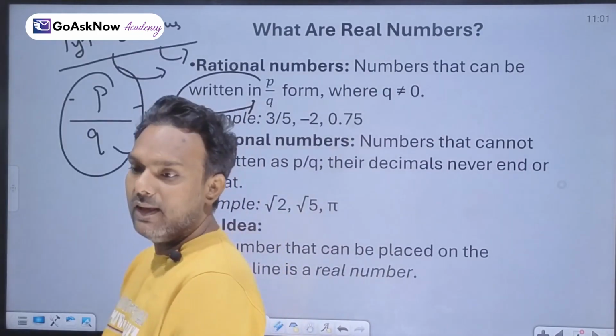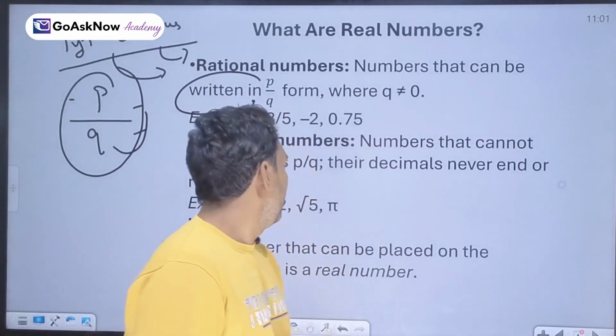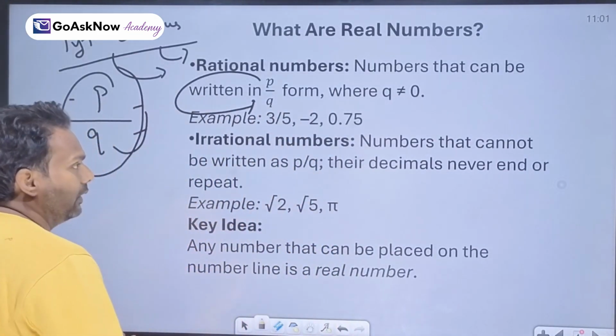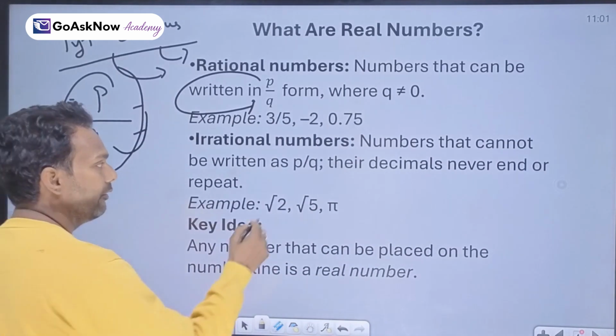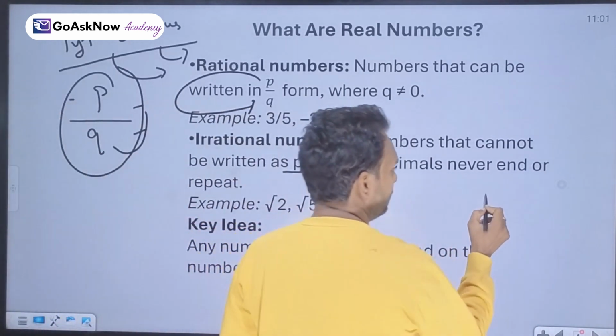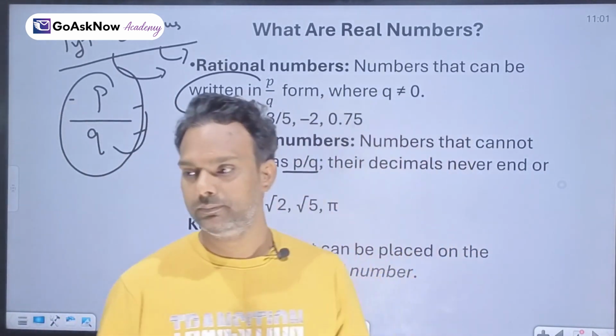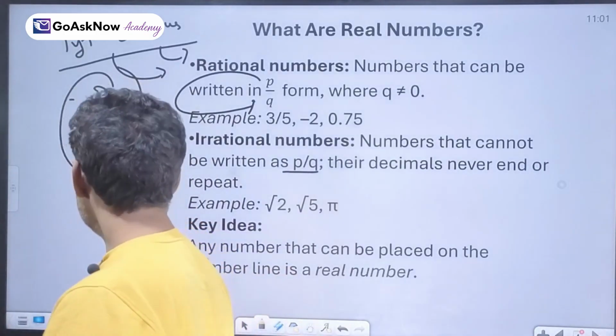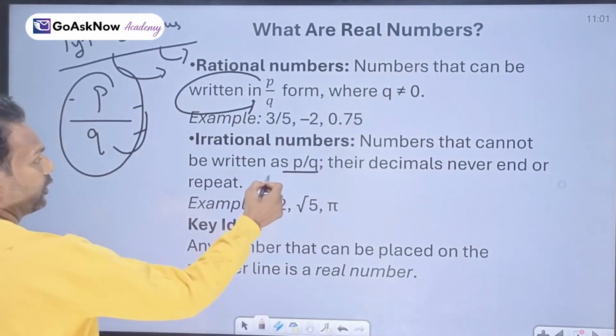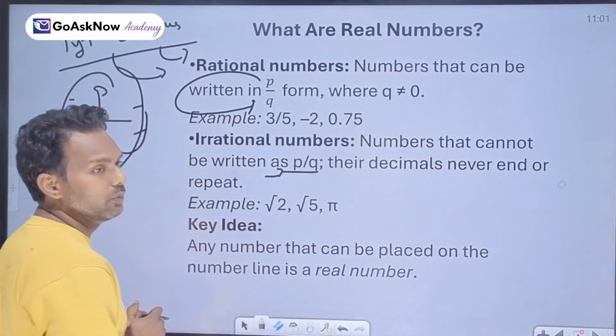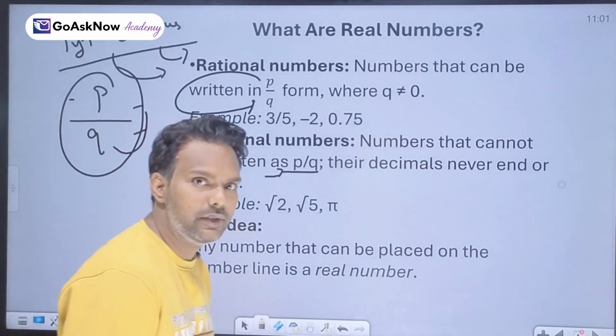Next is irrational numbers. Irrational numbers are the numbers which cannot be written in the form of p by q. Okay, so a number which we cannot write in the p by q form is known as an irrational number.